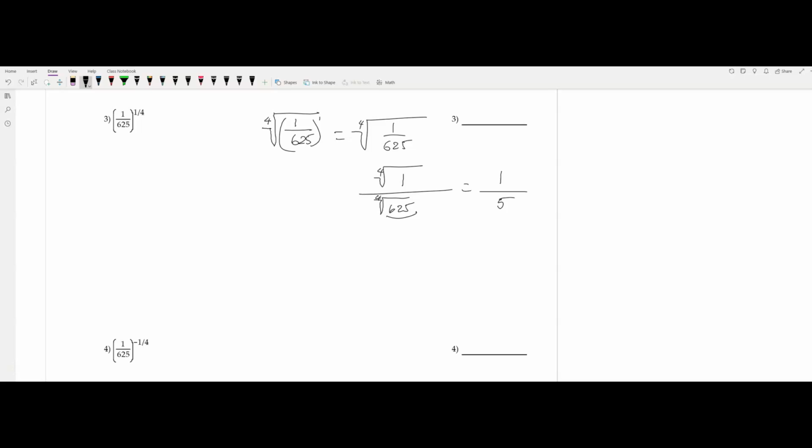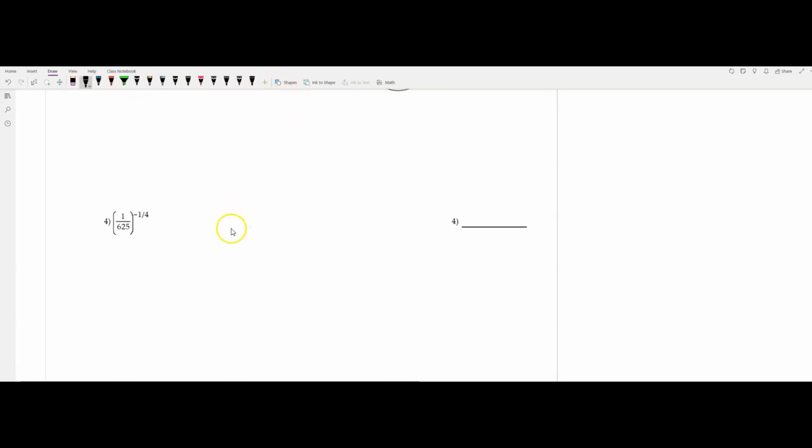Okay? Now, when you have a negative exponent, so we've seen that when we did exponents, then to make it positive, and you always want to make it positive, you write this as the reciprocal, right? You want to put it as a reciprocal first, which is 625 over 1, which is the same thing as 625, right?